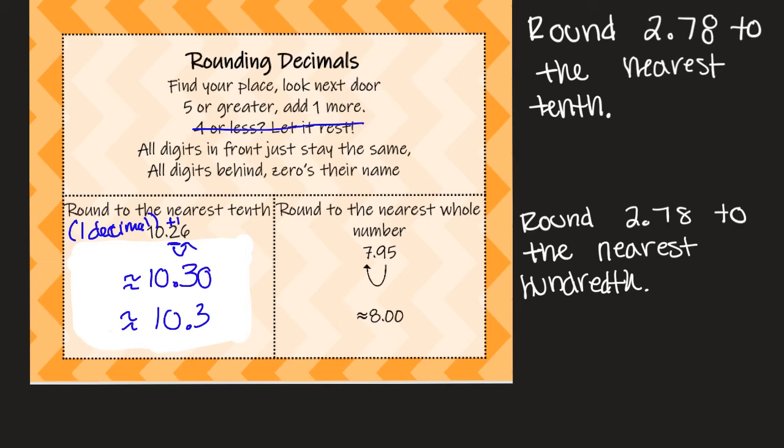Okay, same thing with this one. We'll do a few examples. Oops. It would help if I didn't erase the number, wouldn't it? Okay, so round to the nearest whole number. Well, that means the ones place.